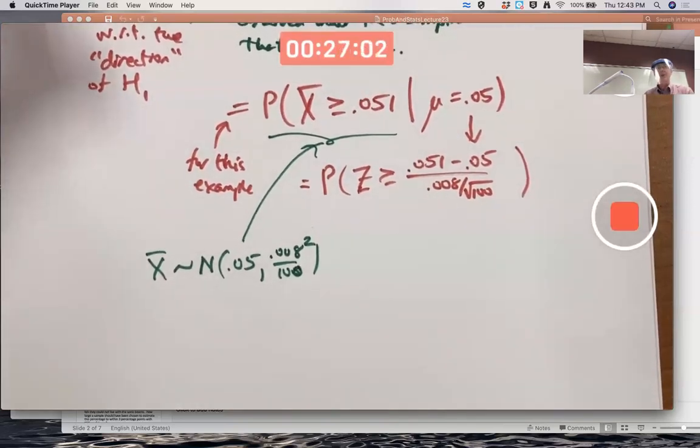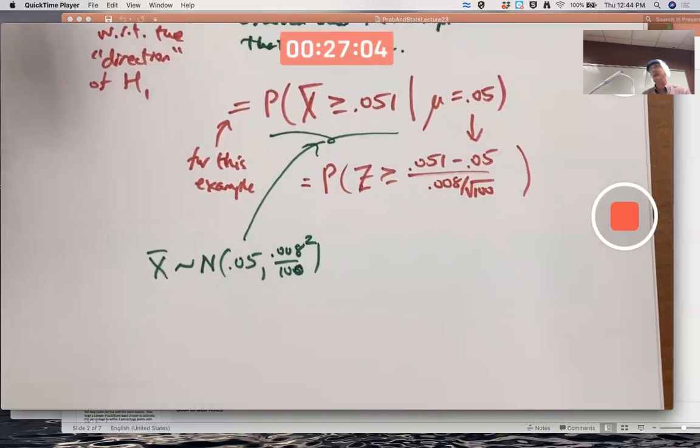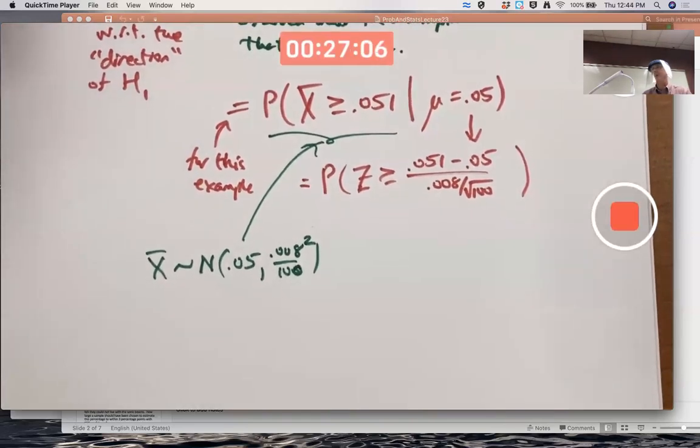Is X bar exactly normal? Well, if the population is exactly normal, then X bar is exactly normal. That's our cornerstone theorem. Is the population exactly normal? Technically, it can't be because X bar, for example, can't be negative, whereas normal variables can theoretically take on any value, including negative values.